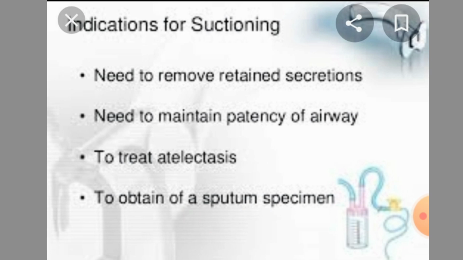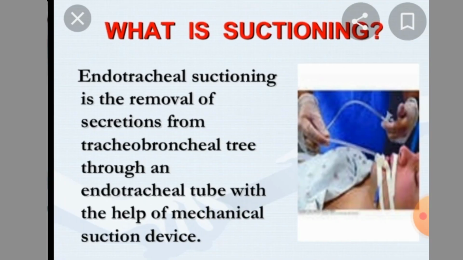To obtain a sputum specimen, that means if the patient needs a lab investigation and the doctor advises a sputum specimen, we have to use suction and collect it in the container. These are the indications for suctioning: need to remove retained secretion, need to maintain patency of the airway, to treat atelectasis, and to obtain a sputum specimen.